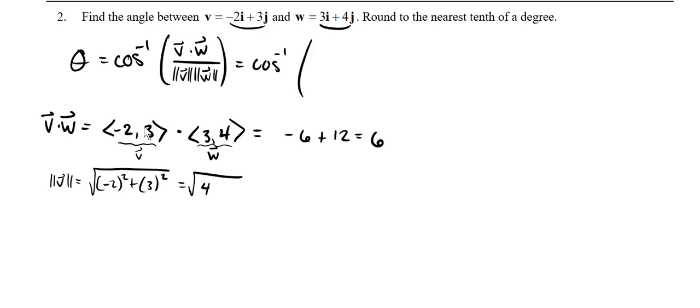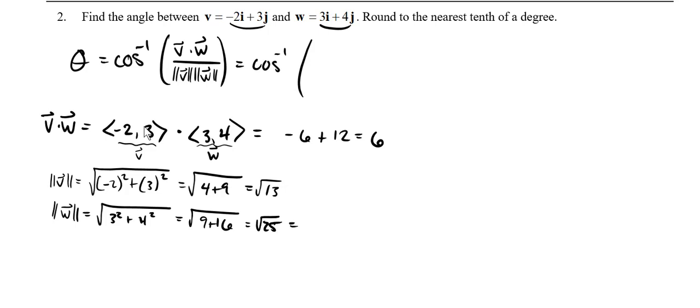So for v it's root 13. For w, it looks like, is 3 squared plus 4 squared inside the root, 9 plus 16 is root 25. Well, that one's nice. We get 5 out of that.